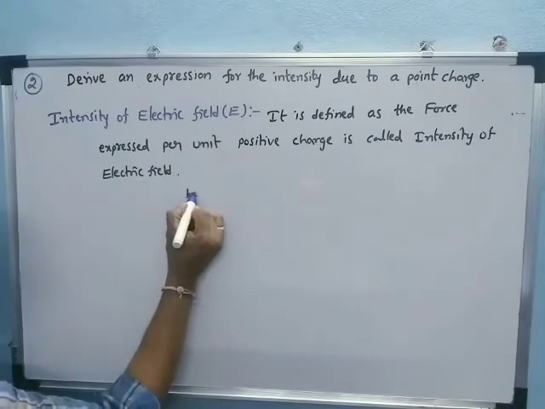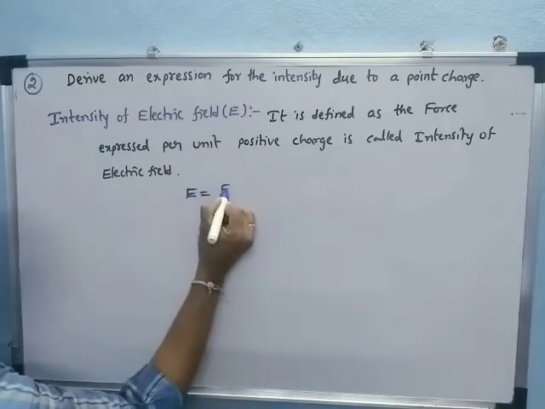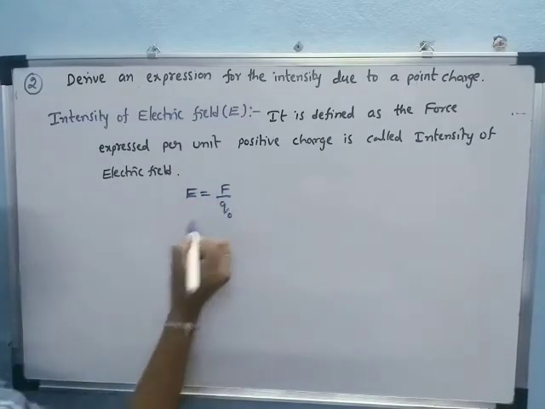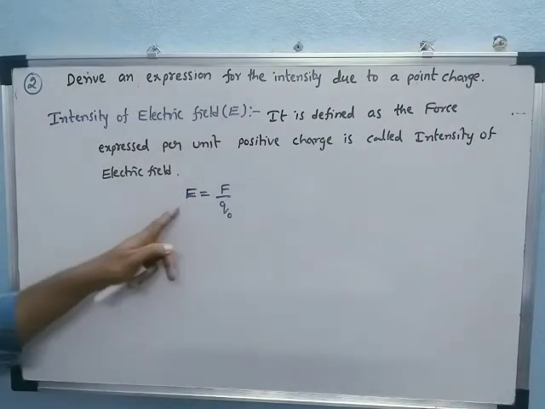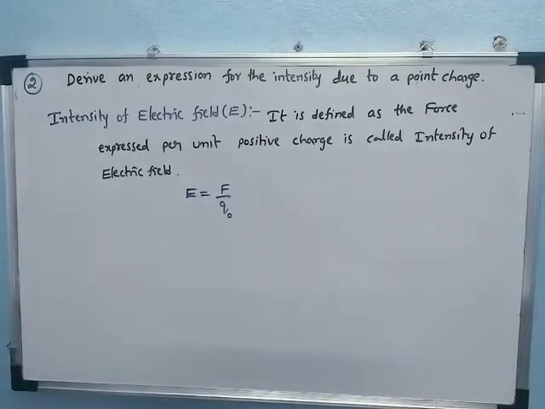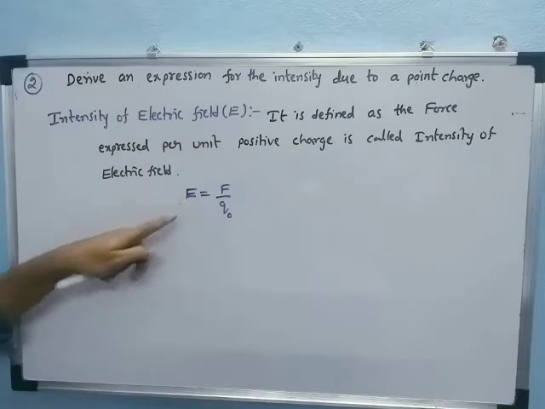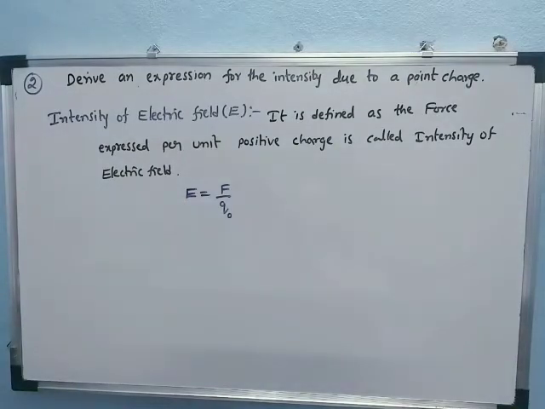That is, E is equal to F by Q naught. E is equal to F by Q naught is called the intensity of electric field.